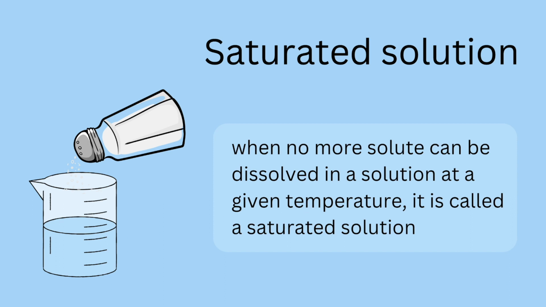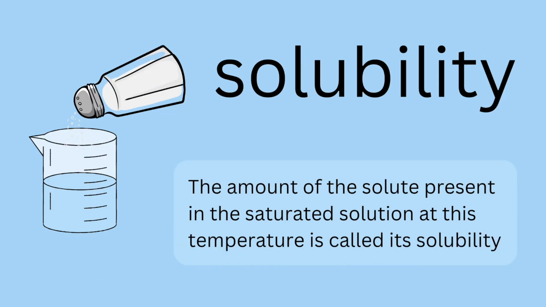If you add the maximum amount of salt that can be dissolved in the solution, and then add one more spoon of sugar or one more spoon of salt, you will not be able to dissolve it. In that case, you will call it a saturated solution, meaning no more salt can be dissolved in that amount of water. So that is what we call a saturated solution.